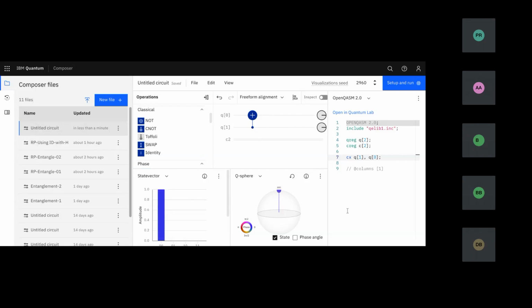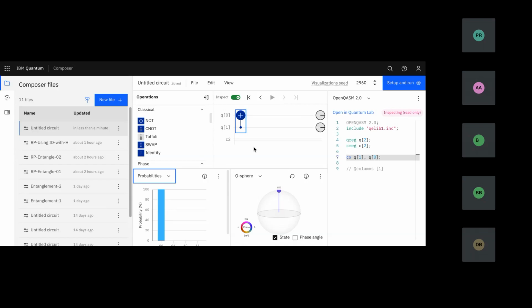What does it tell me? It tells me that we are in the 0 state. Now I want to inspect this, so let me run this. Step 1. So it has executed, and the state vector is 0, 0. Probability is 100%. So this is one of the ways to do a CNOT.